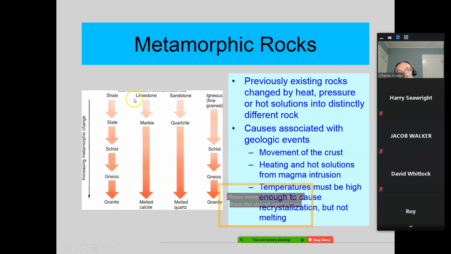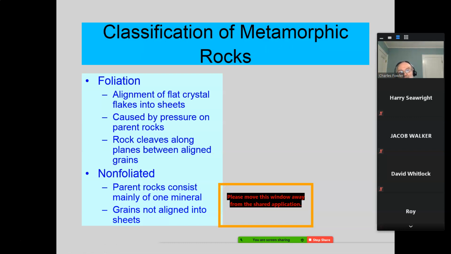Limestone generally isn't foliated to begin with, so marble generally isn't foliated later. Sandstone may be, and the quartzite may be, and again, the schist, igneous rock, fine-grained igneous rock, could become coarsely foliated but then non-foliated, depending on the metamorphosis processes.